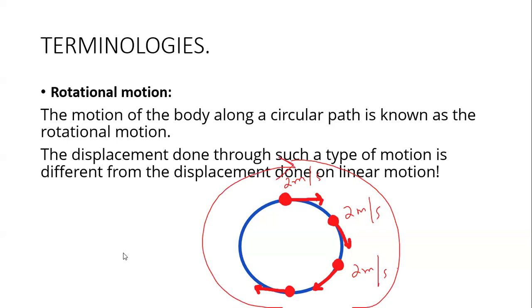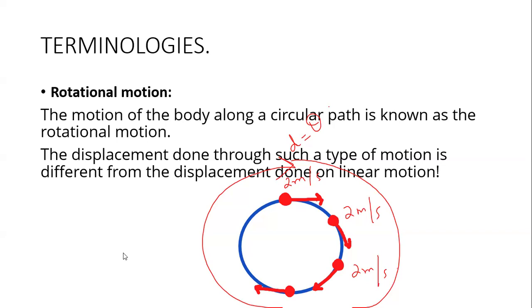When the object completes one 360-degree movement, displacement can be zero. But if an object is traveling in a linear motion in one straight line in one direction, displacement cannot be zero, right? But in circular motion, displacement can easily be zero. Three key differences that we see between circular motion and linear motion.